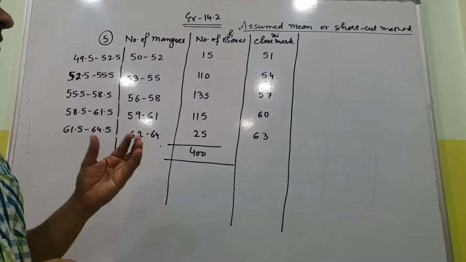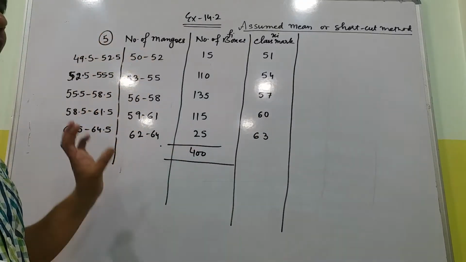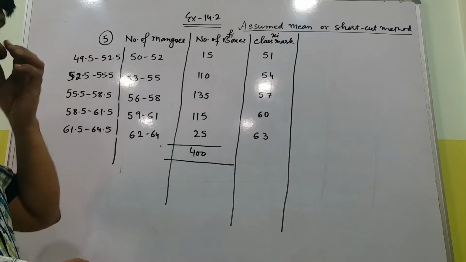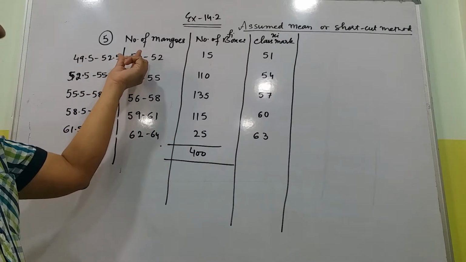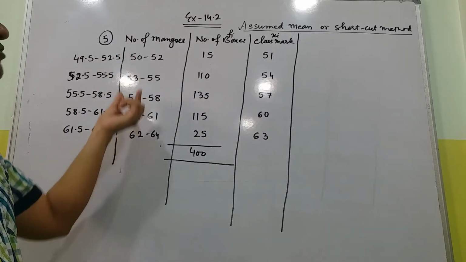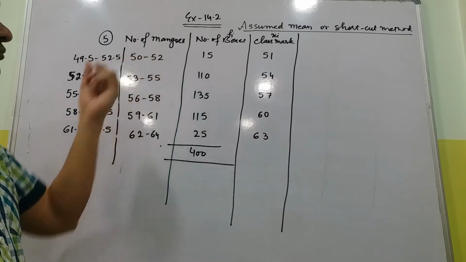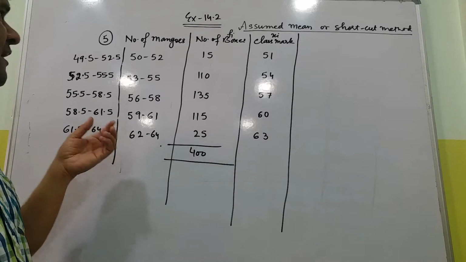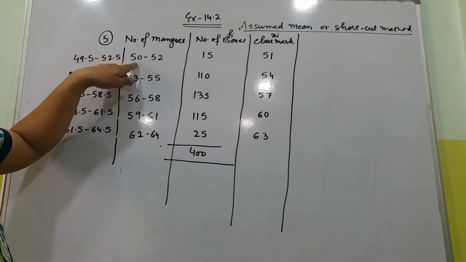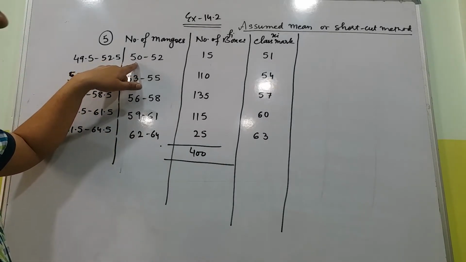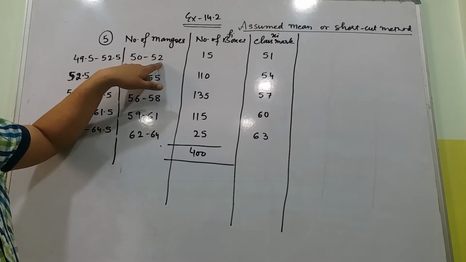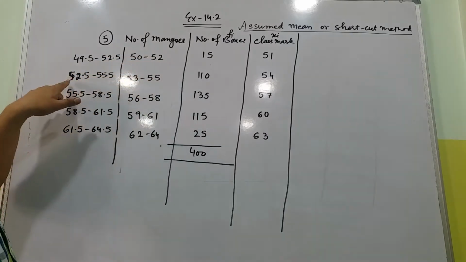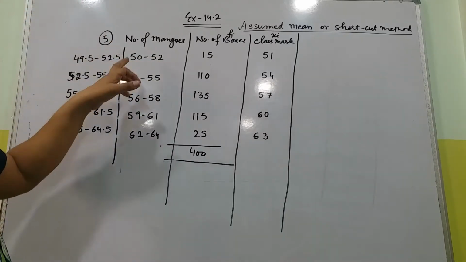So your first step is, if the class interval is of inclusive type, then first of all you have to change it into exclusive class interval. For that you have to subtract 0.5 from the lower limit and add 0.5 to the upper limit. This is how we make the class interval continuous.